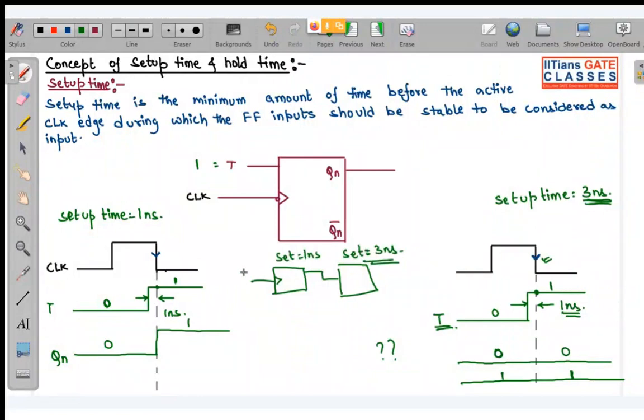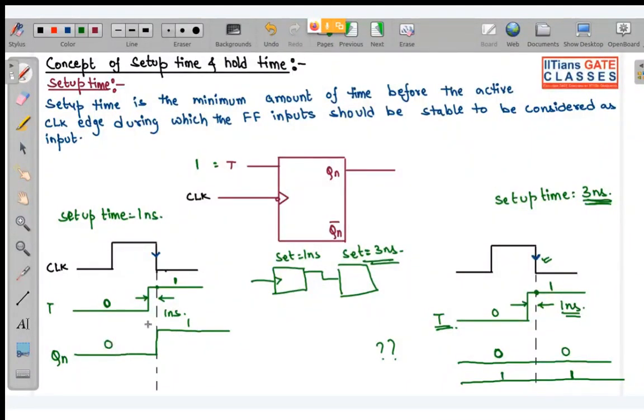No, you cannot have different setup times for different flip-flops in the register or the counter. Why? Because all your flip-flops are constructed using the same kind of material, or identical, you can say. So that is why I was considering over here 0 or 1.